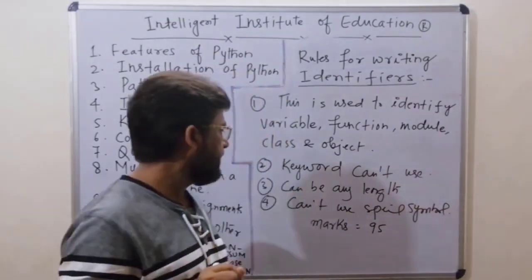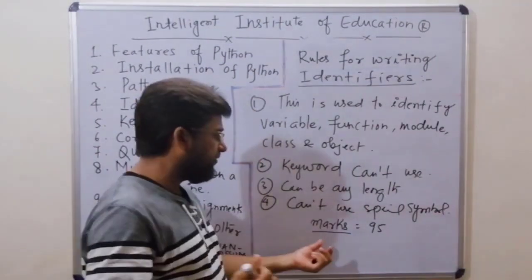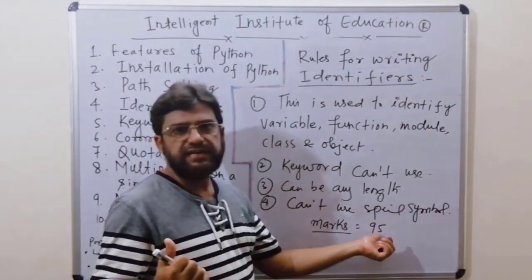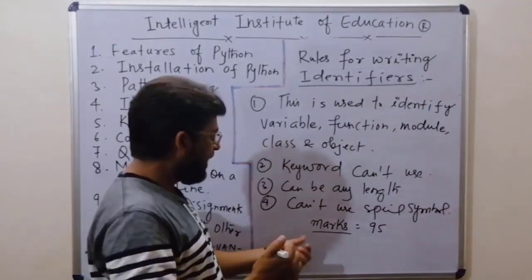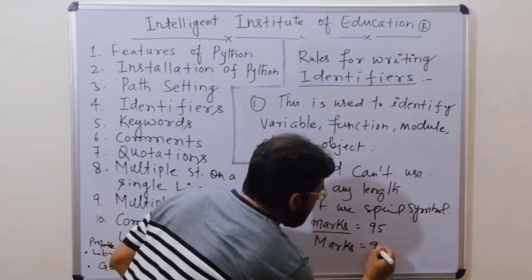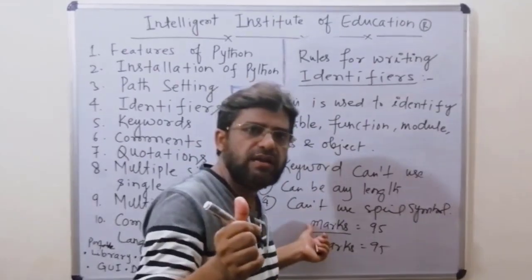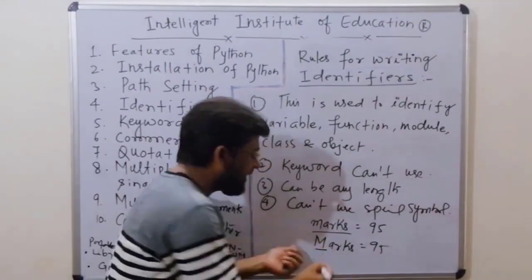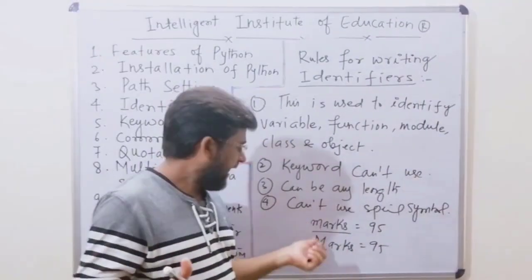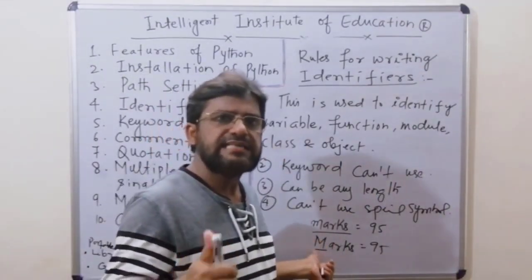Let us see one example. I want to write marks. This marks is a variable, also called an identifier, equal to 95. But here I am going to write M in capital, Marks equal to 95. Now see, in the previous example m is small, and in the second example M is capital. First is lowercase and second is uppercase M. So this is called case sensitive.